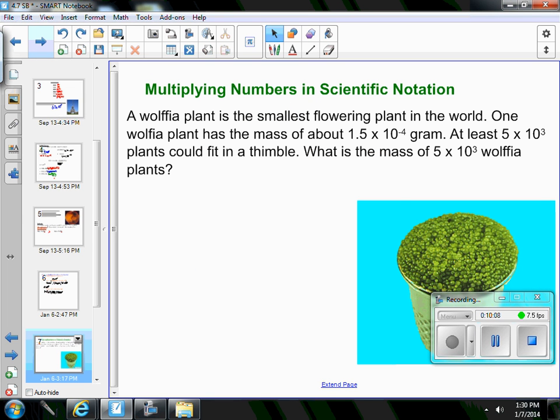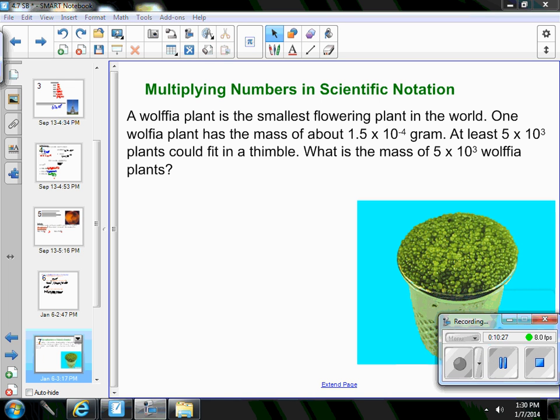All right, now we are going to multiply numbers in scientific notation. In our example, we're talking about a Wolffia plant, and it is the smallest flowering plant in the world. In the picture here, there are examples of the Wolffia plant in a thimble.